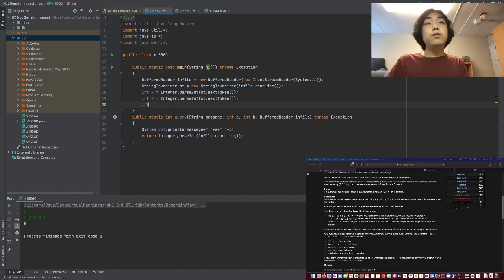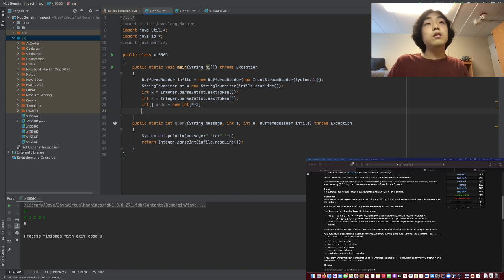We want to first query all the adjacent. So, and. Do you want to query up to n? Wait, n plus 1. I want to do from 1 to 2.